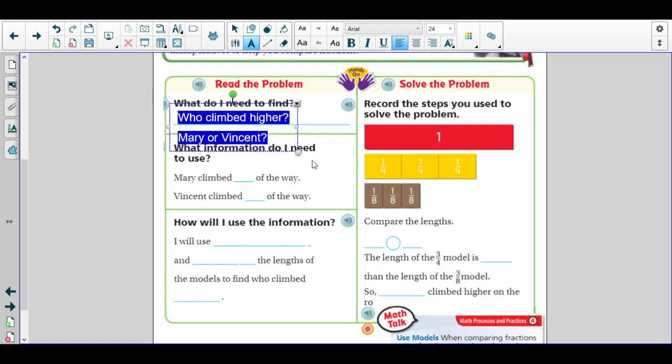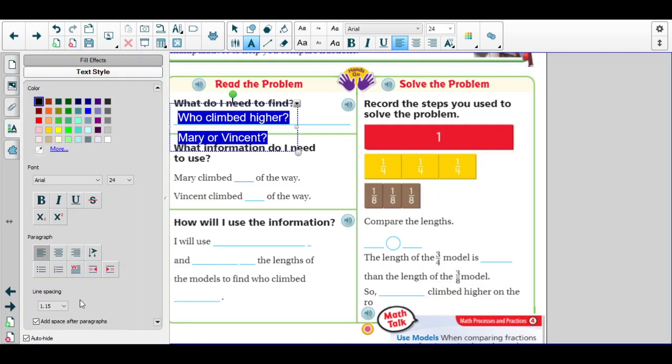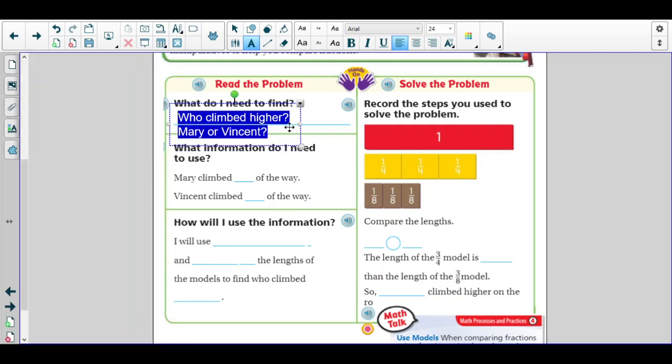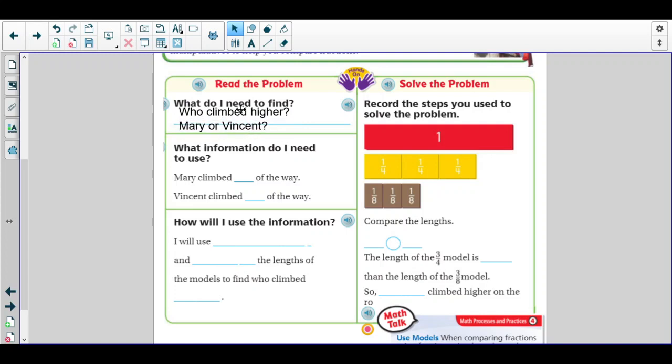Let's get some formatting done on this so we can make good use of our space. There we go. So who climbed higher? What information do I need to use? Well, Mary climbed how far? She climbed 3/4 of the way.